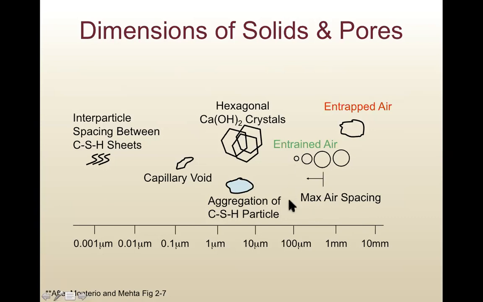Entrained air is smaller. This is CSH, calcium hydroxide. Capillary voids are at micrometer or nanometer levels. And then we have the interlayer space between the CSH sheets, which is at nanometer level.